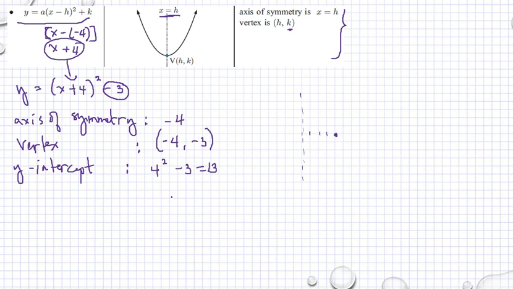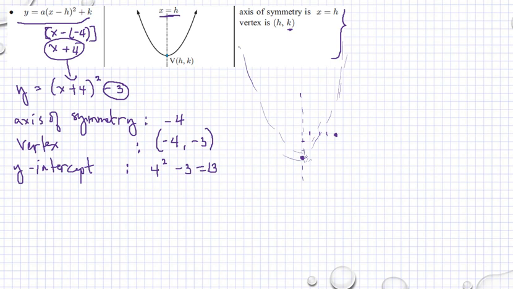I have negative 4 and negative 3. That is 1, 2, 3. And then 13 there. So it will be like this. 13 there.